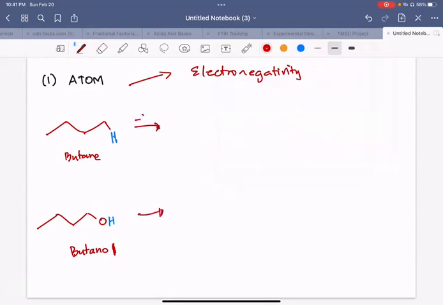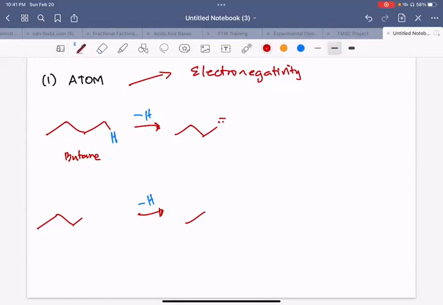Okay, so when you remove a hydrogen, for example, here, minus H plus, minus H rather, this becomes here. I actually had the wrong example.